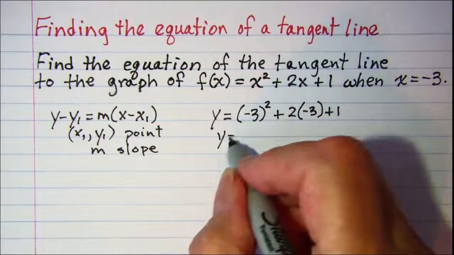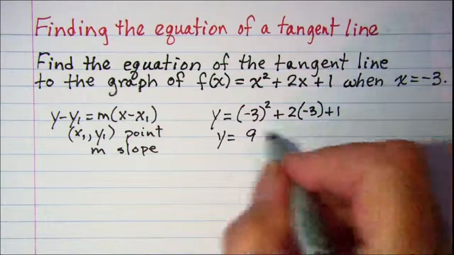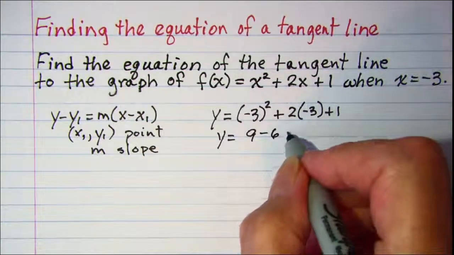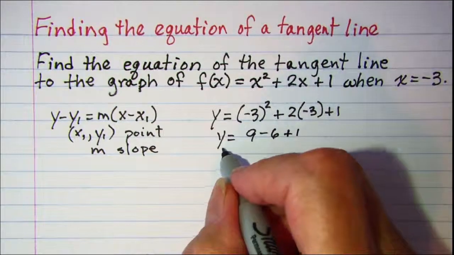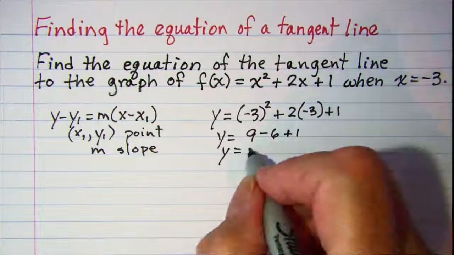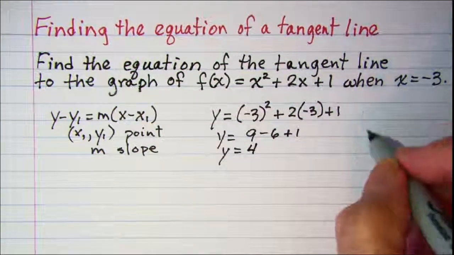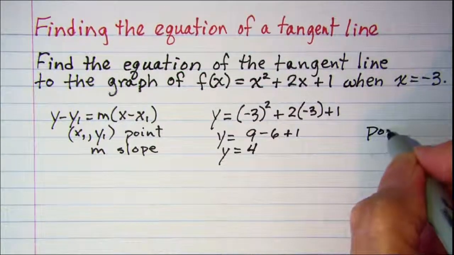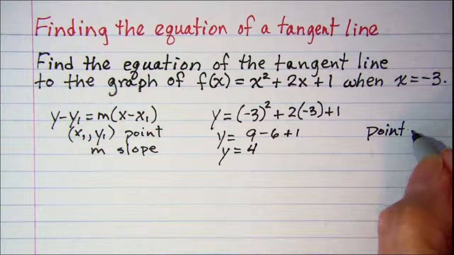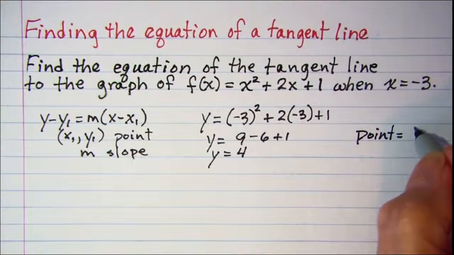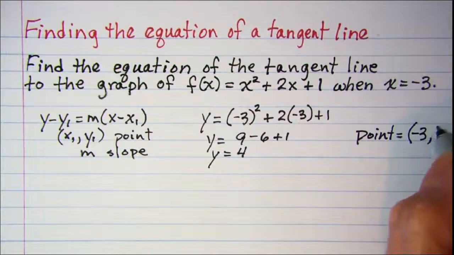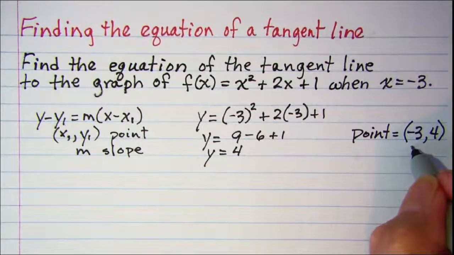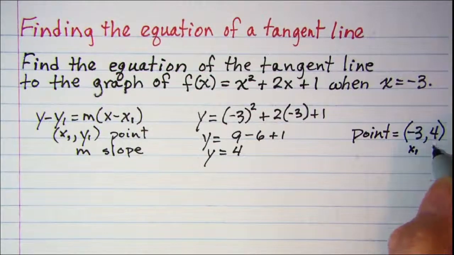So y is equal to 9 minus 6 plus 1. So y is equal to 4. So our point is negative 3, 4. And this is my x1, and this is my y1.